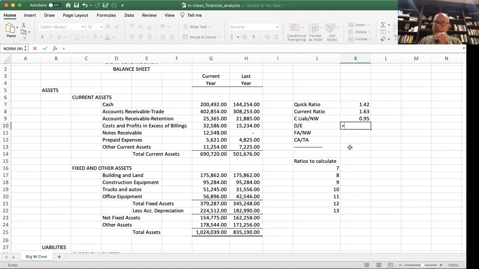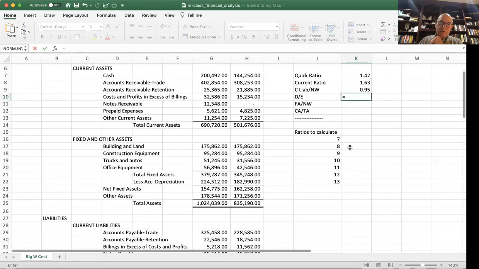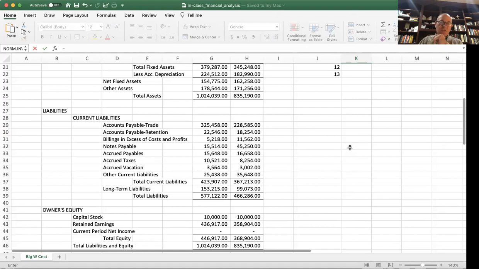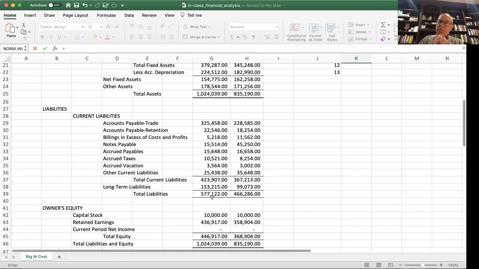So let's calculate that up. Total debt, liabilities, that's going to be on the liabilities side, right? So this is total, right? Not just current. We've been working with current liabilities so far. This is total liabilities. And so this goes a little bit beyond borrowing sorts of debt. This is what do we owe to everybody for everything kind of debt, right?